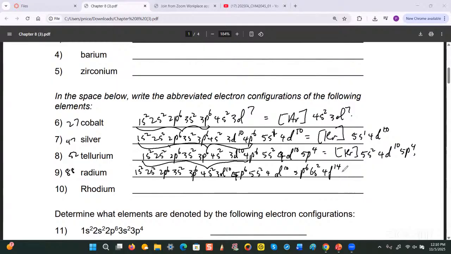Then it's 5d, which would be 10, so 80. And then what comes after 5d? 6p6. And then what comes after that? 7s2. Wow, okay.